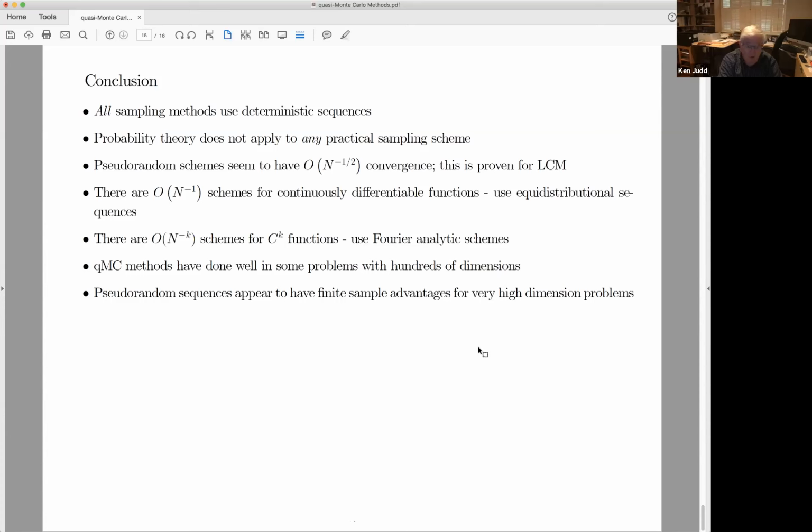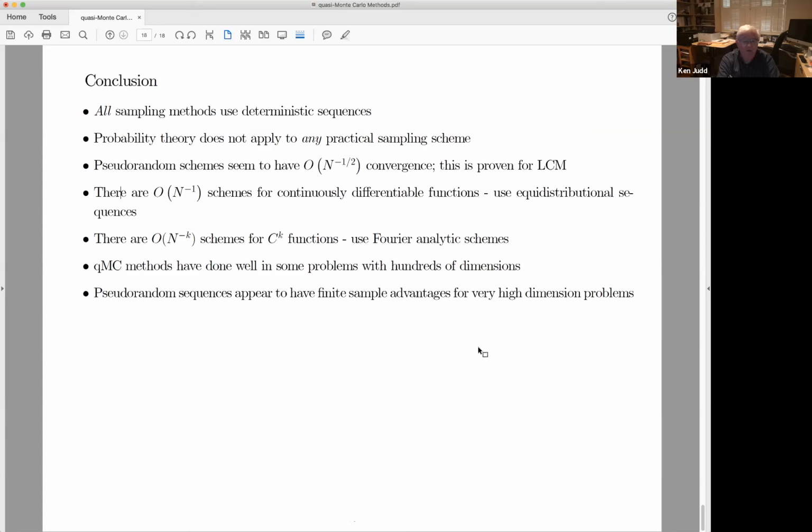Well, one thing is that economists don't read applied math stuff. But a more fair point to make is the following. Quasi-Monte Carlo sequences are far superior to Monte Carlo sequences asymptotically, as the sample size grows to infinity.